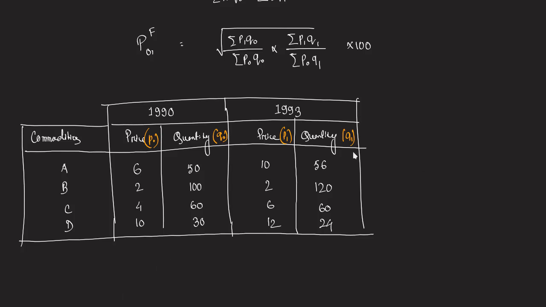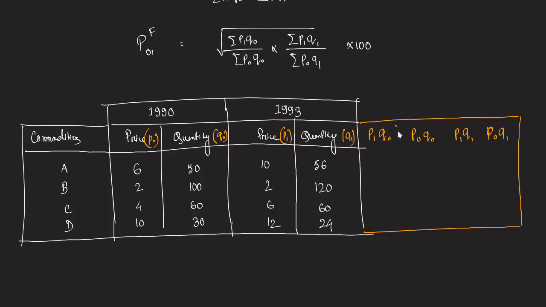Let me calculate the new columns, and those are P1 Q0, P0 Q0, P1 Q1, P0 Q1. These four columns will be newly calculated.